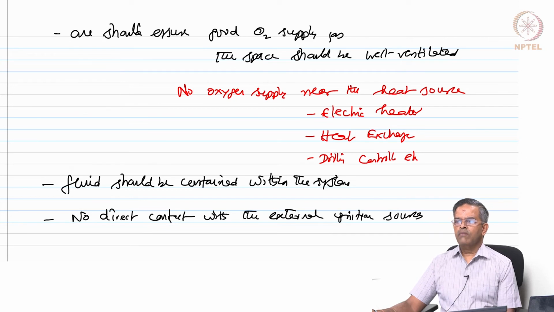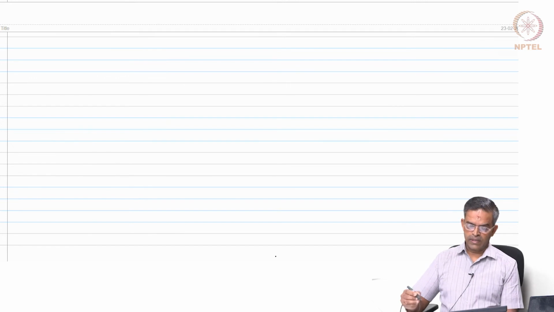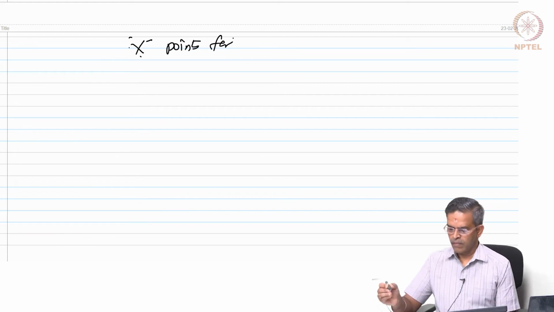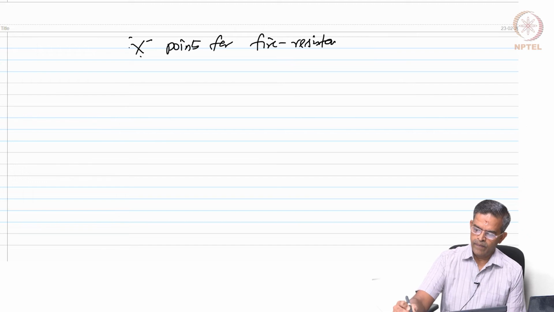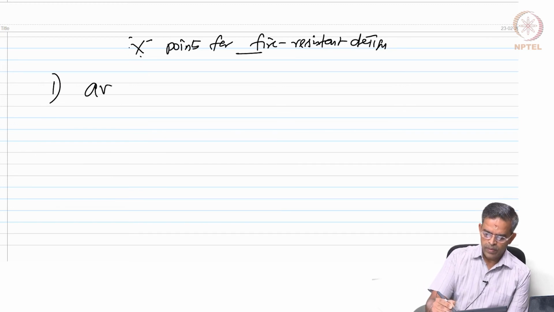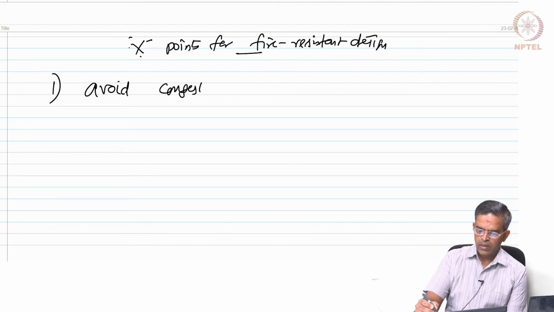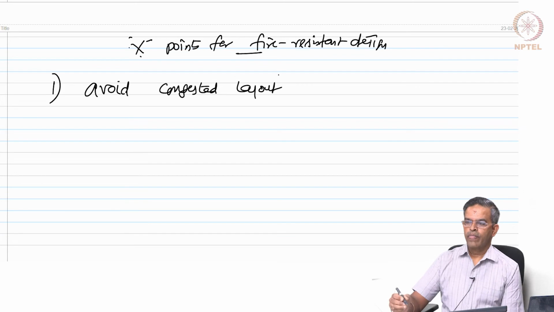So, let us see some of the important points for fire resistant design. One, avoid congested layout of workflow.